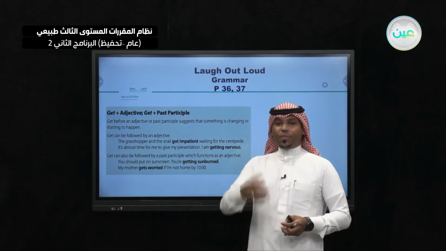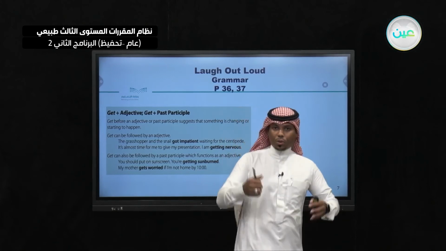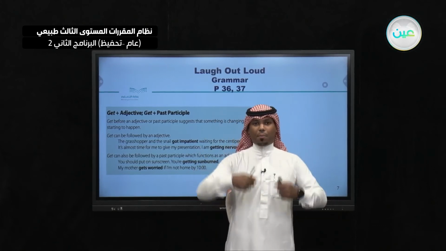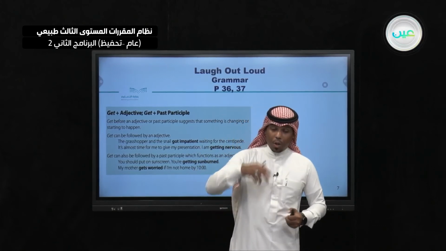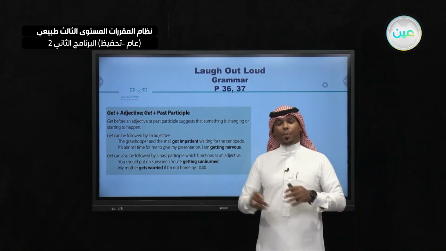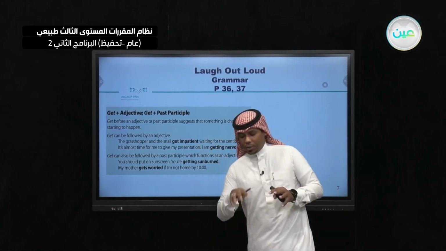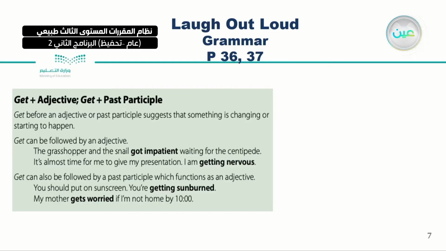Or to have something back: maybe I want to get my jacket back. You have to look it up, Google it, and you will find all the meanings of get. But today, inshallah, we use it with adjectives.